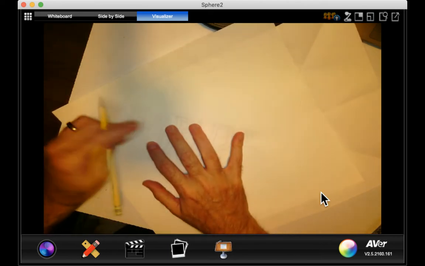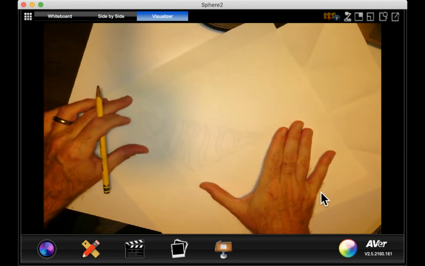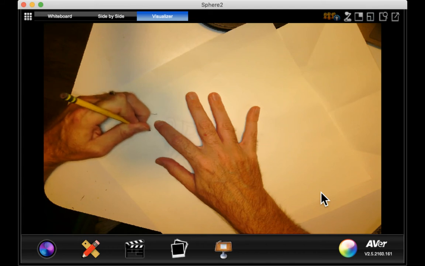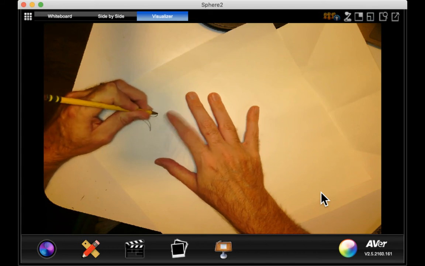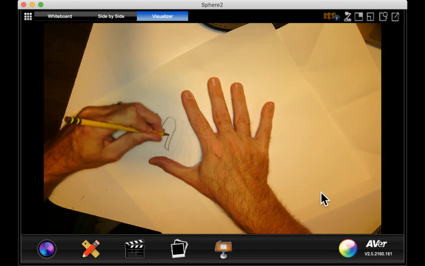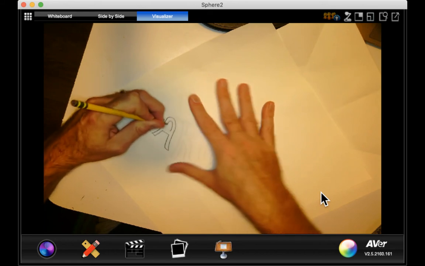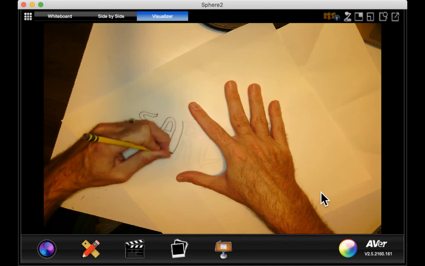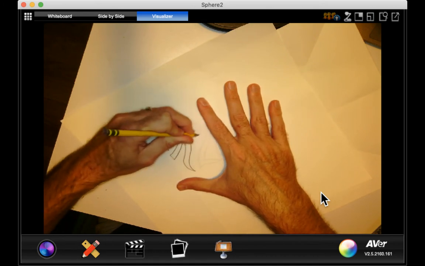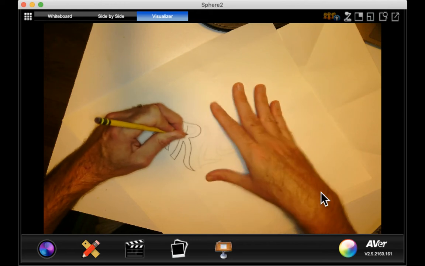I am going to now trace what I drew here. So I'm going to trace what I drew using this new white piece of paper, because see how I can see through the name that I outlined with the black marker?